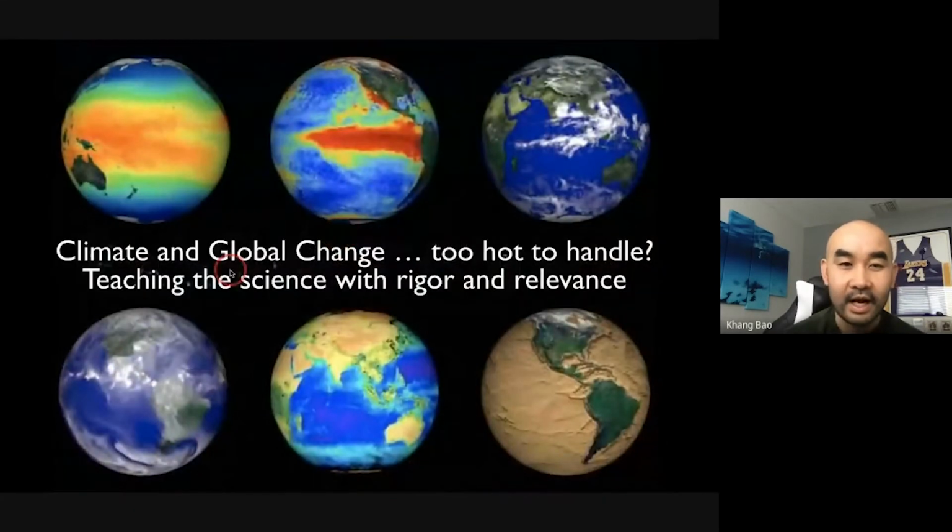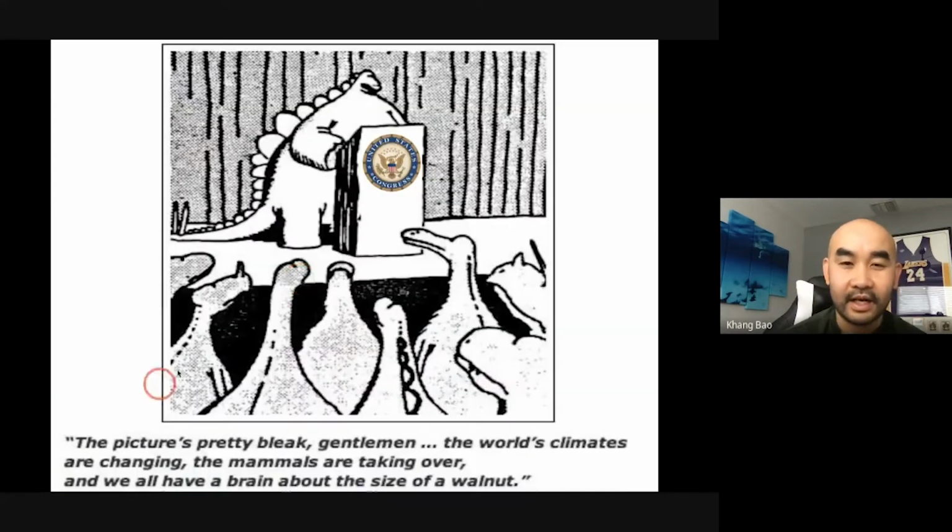Okay. So today we're going to talk about climate and global change. Too hot to handle. That's the term. Okay. All right. Looking at this picture, everybody get a chance to check it out, right? The caption is the dinosaur, he's the president, right? The picture is pretty bleak, gentlemen. The world climate is changing.